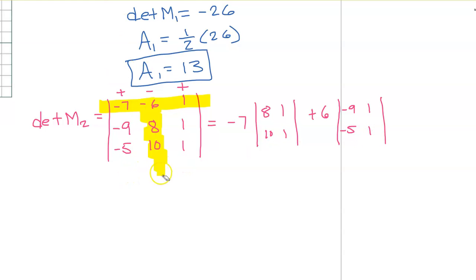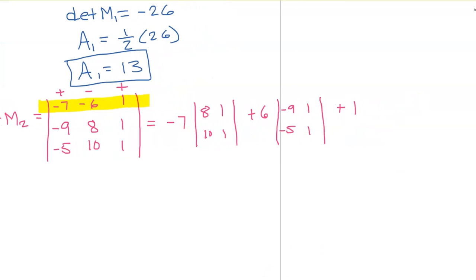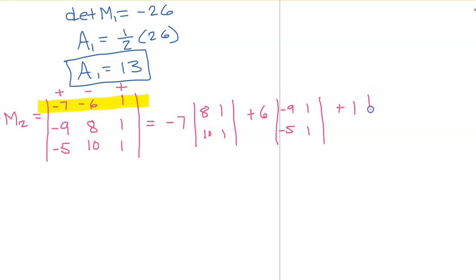Okay. And finally, we will do the third cofactor of 1. And then the minor matrix will be the -9, 8, -5, 10.